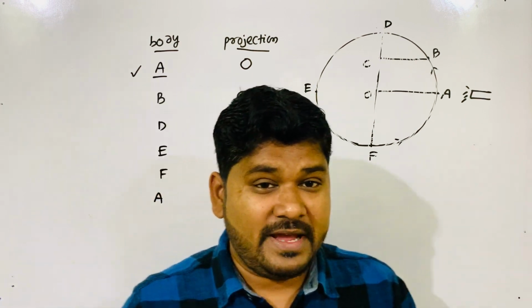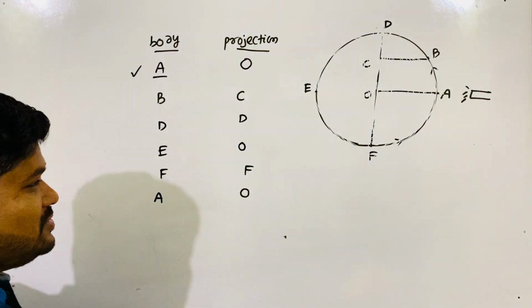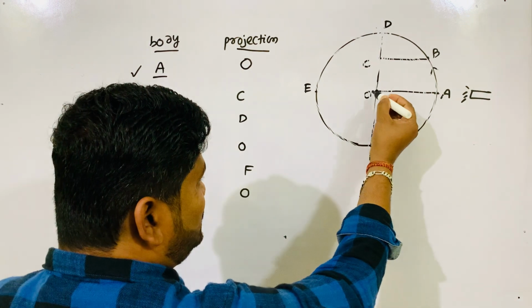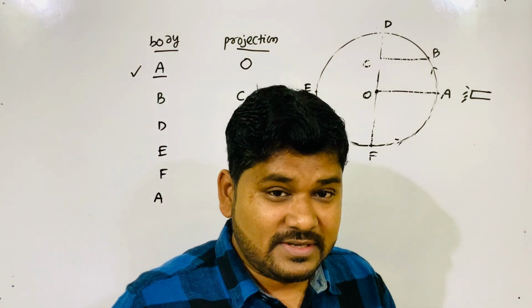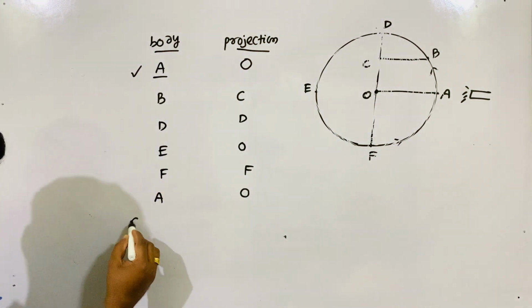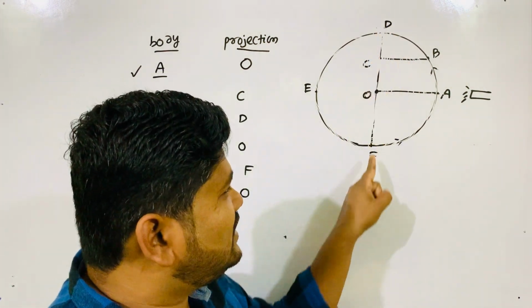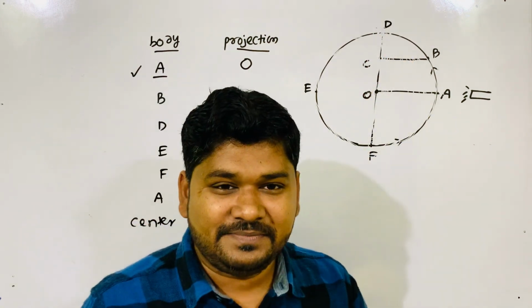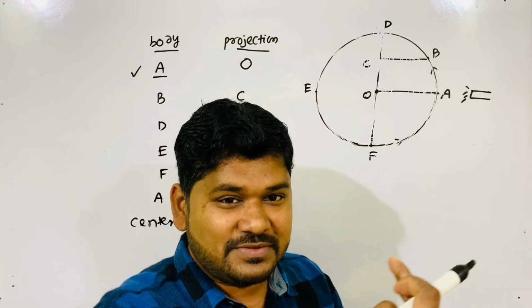Again, to clarify, we'll do more comparison. See, circular motion and SHM. In circular motion, this point O behaves as which point? What is this O? Center. In circular motion, O is the center. But in projection motion, in SHM, this O is the point about which the body moves.